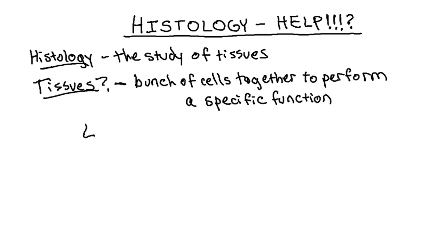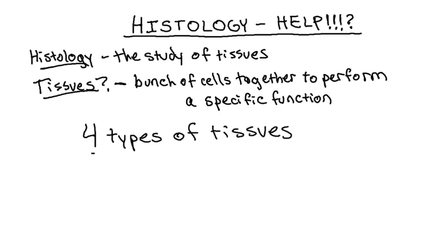And there are 4 types of tissues. Only 4. I know it may seem like a lot more than that with all the information that's being thrown at you at the beginning of your semester, but there are only 4 types of tissues.